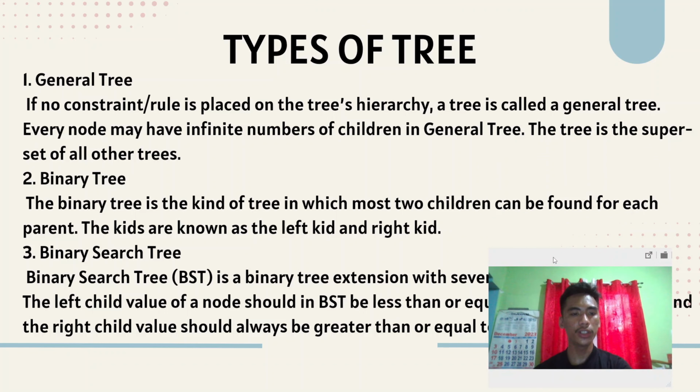So a binary search tree is a special type of binary tree that imposes specific restrictions on the relationships between nodes. In a BST, the left child of a node must have a value less than or equal to the parent's value, and the right child value must be greater than or equal to the parent's value.